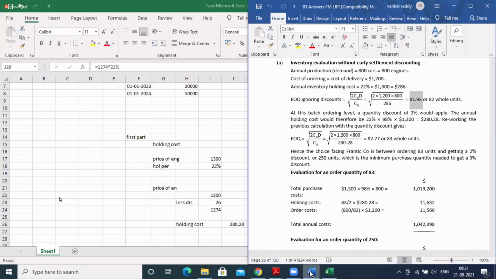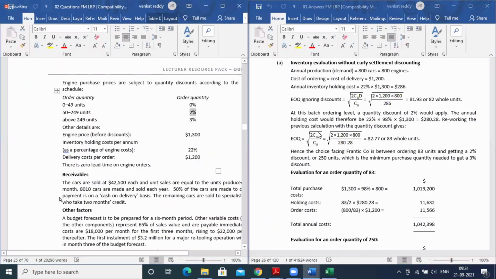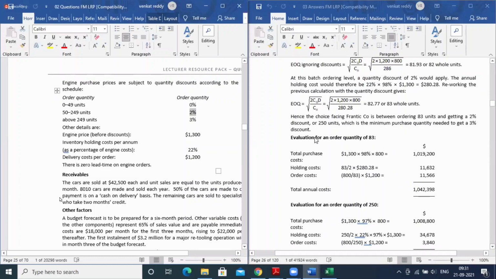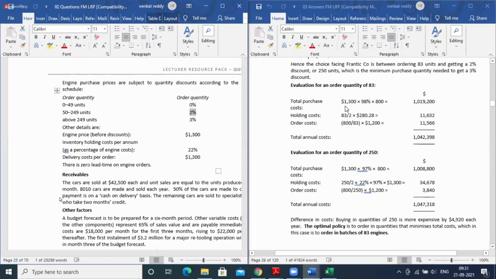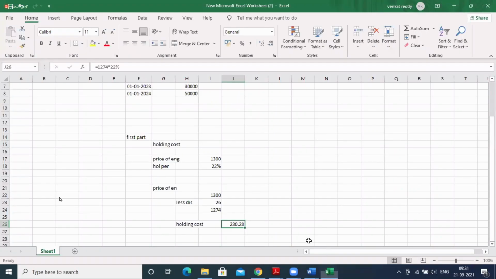Now what should be the next step? We should calculate the total inventory cost. So how will we calculate the total inventory cost? First, the total purchase cost. The total purchase cost is the price of the machine. The price of the machine is how much? 1300, but we need to take the discounted figure. If you are confused, 1300 into 98%, you can calculate this one. Your price of the machine is 1274.